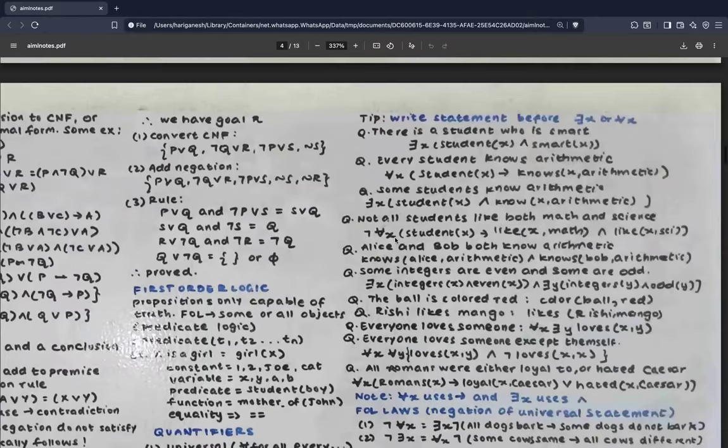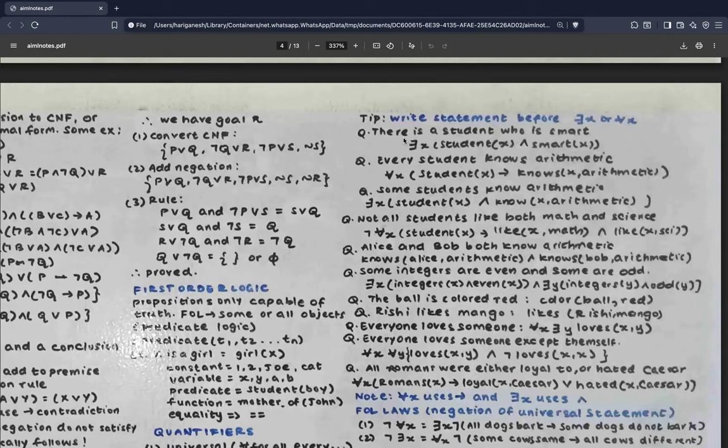So whenever you're converting a statement from English to FOL, if you are converting a statement with every, all, etc., you're going to use the universal quantifier. And when you're using that, you always want to use the arrow, that is if-then. So you always use this for all of X, and then with the existential you use and. You'll understand in just a second what I'm talking about.